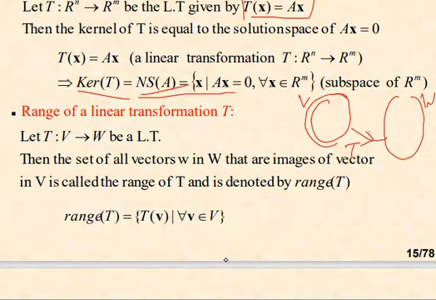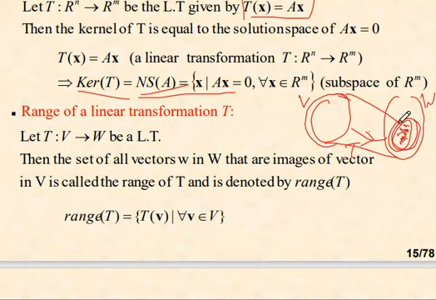If you consider all mappings from the domain to the codomain, the result would be your range. The range is the image of V.